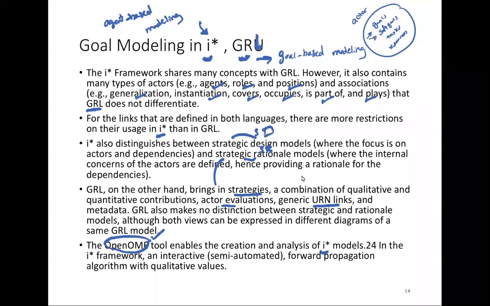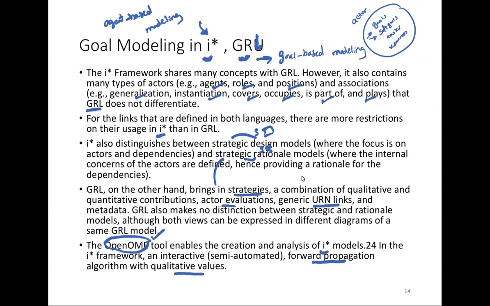It is commonly used as an interactive implementation. It also uses only a forward propagation algorithm with quantitative values, so it is a little bit advanced if you're interested in looking at it. So the focus will be on GRL language modeling.